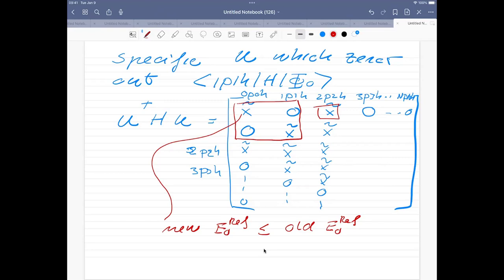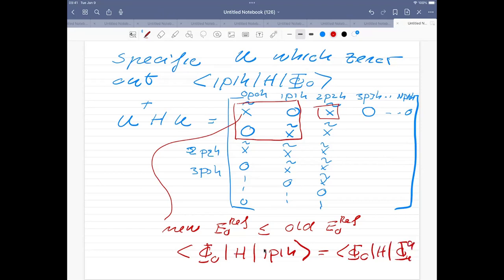Now, what this means for us is that if we now look at this block, one particle, one hole, phi 0 H phi_i^a, or vice versa, if we just take the Hermitian conjugate, we know that this one, H_1p1h for a given state, is given by phi 0 of H of phi_i^a.